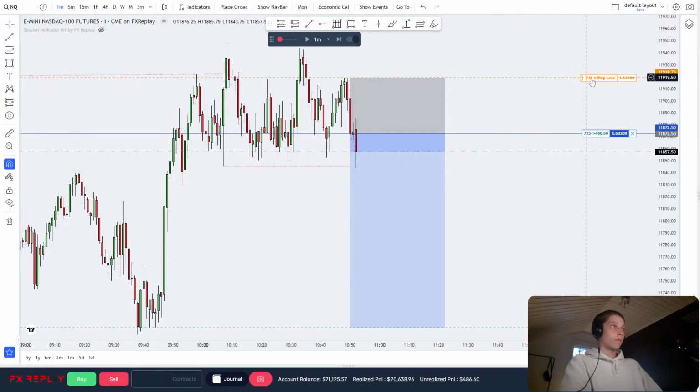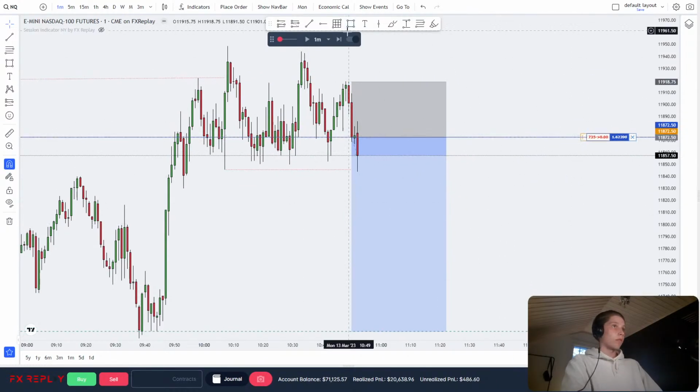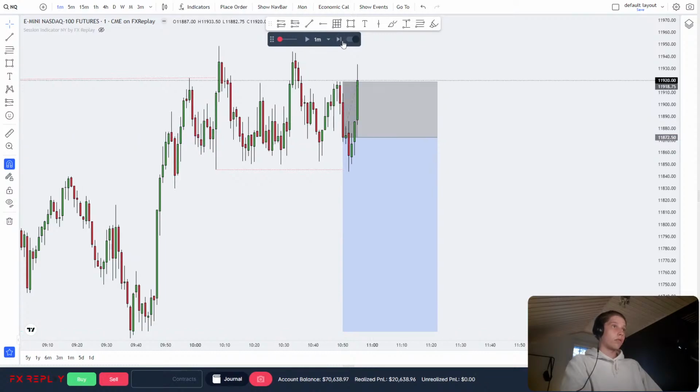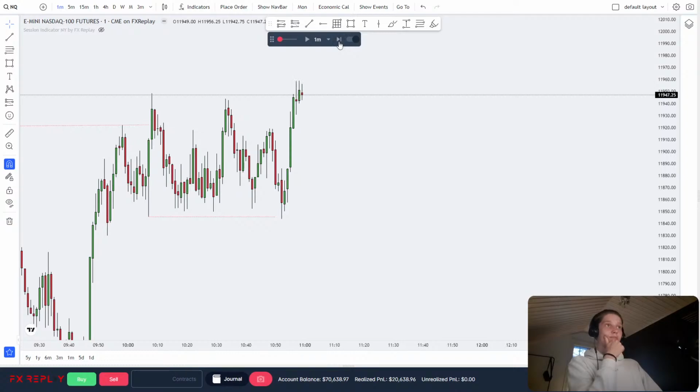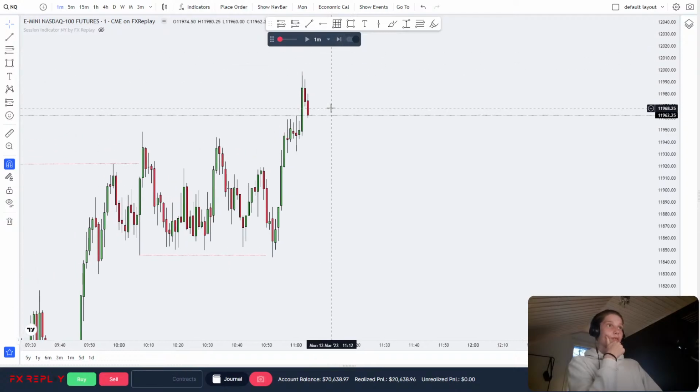So liquidity swept and break even. That was like a pre-trade, as you call them.